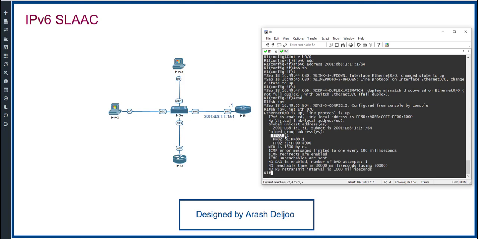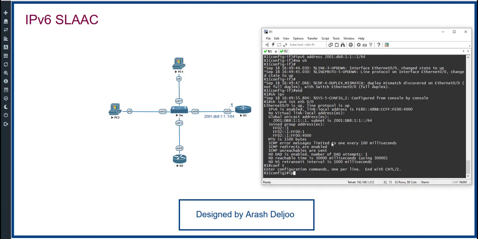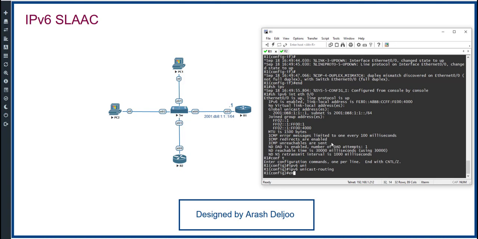Also, as you can see here, we only have one IPv6 multicast address. These two are related to the IPv6 solicited node multicast address. This is not related to our topic, but here, as you can see, we have only FF02::1 because the ETH0/0 is only one IPv6 enabled interface or host. This is not the interface of a router now, but after configuring the IPv6 unicast routing, now you will see the change.